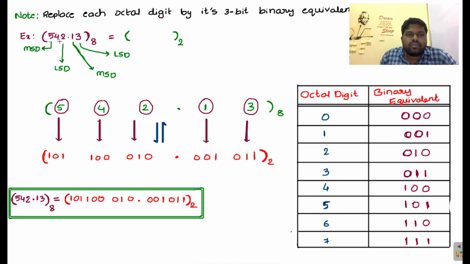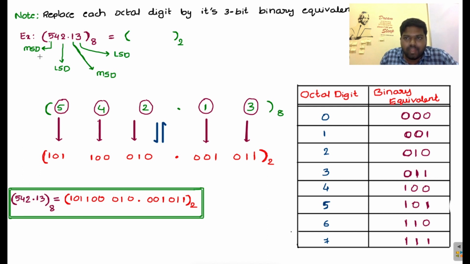Next, this is your example: 542.13 base 8 system. The given system is octal, so you need to convert it into binary format. In this octal to binary conversion we follow two methods, integer and fractional conversion. In the integer method, you move from the least significant digit to the most significant digit.